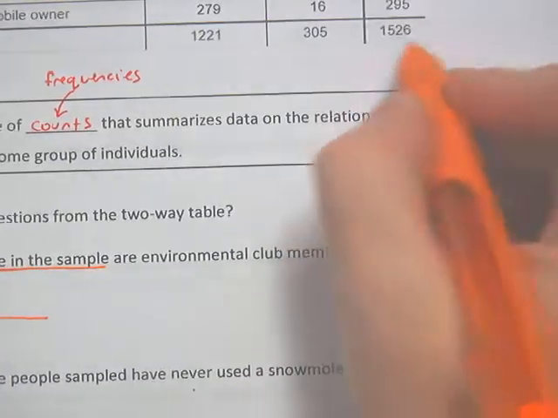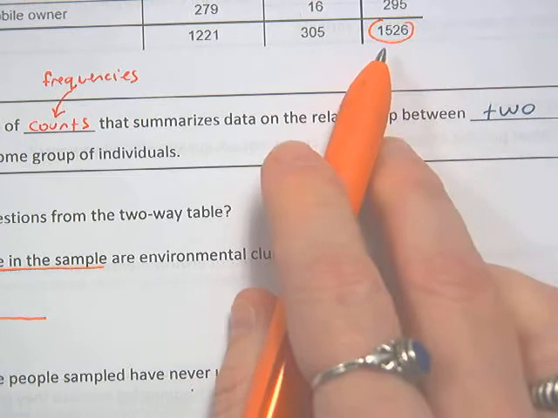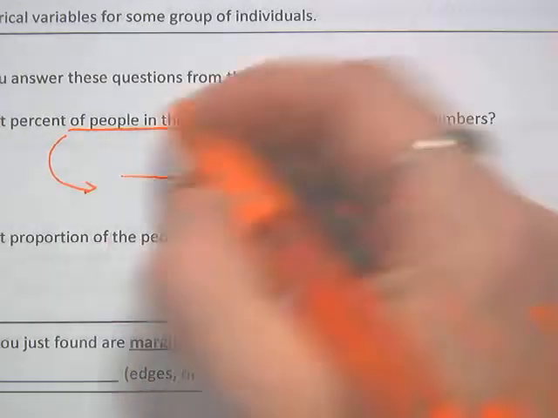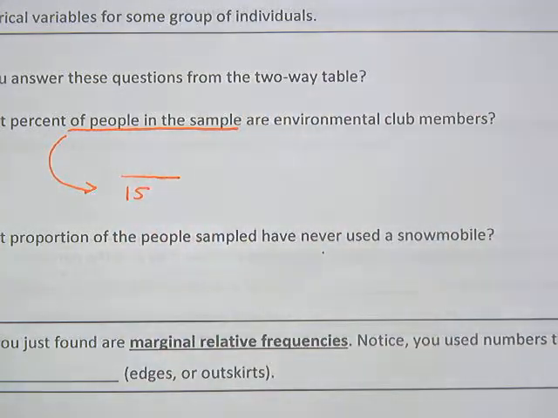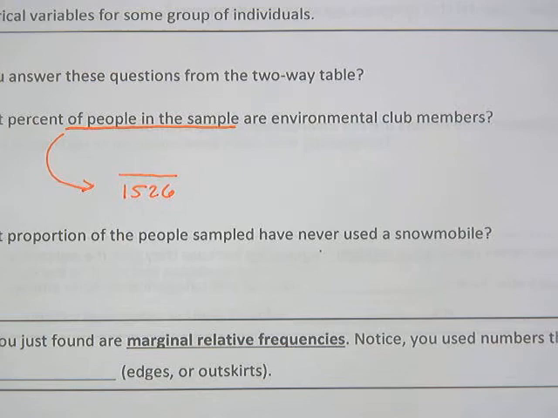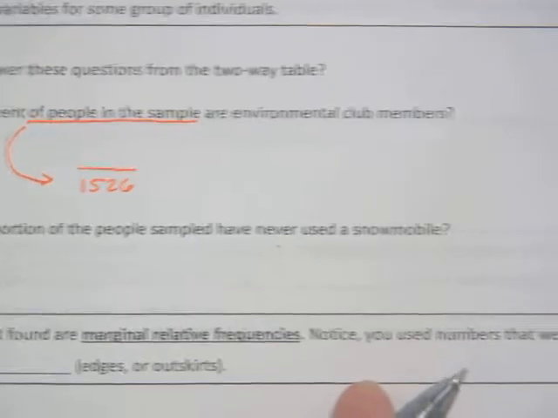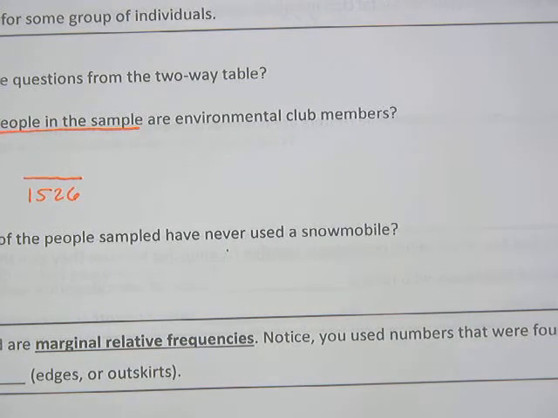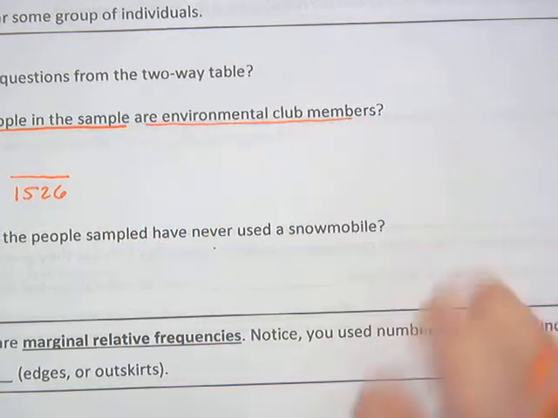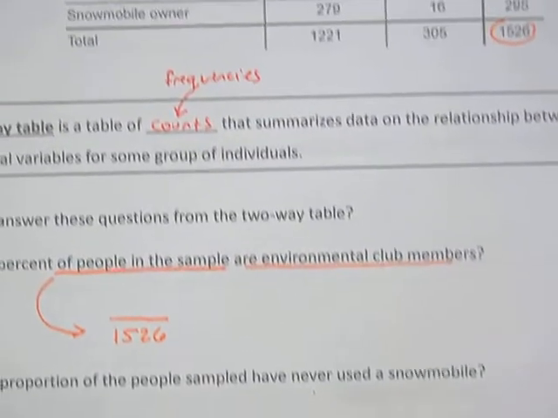So of everybody in the sample, I'm going to circle this number in orange, 1,526, because that's going to automatically be the denominator of this fraction. So of the people in the sample, what percent are environmental club members? So they answer yes, they are environmental club members.